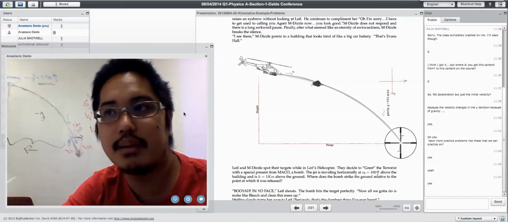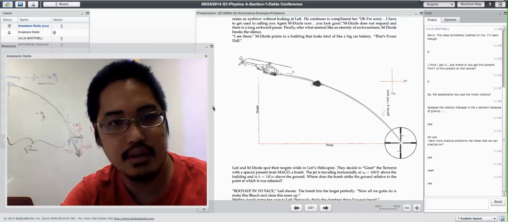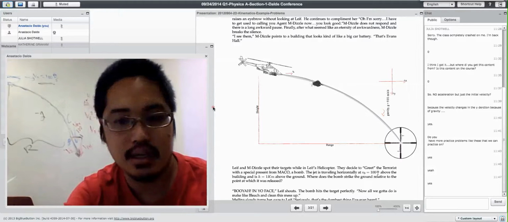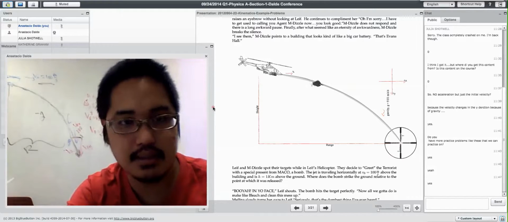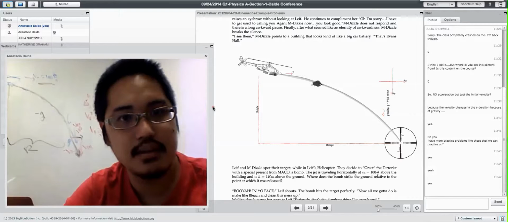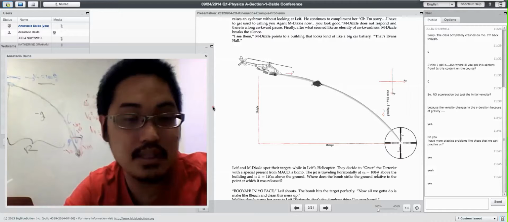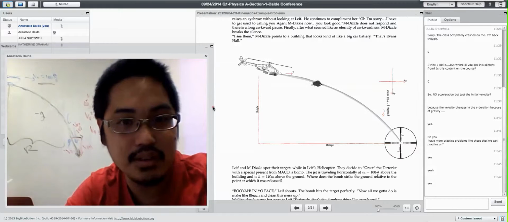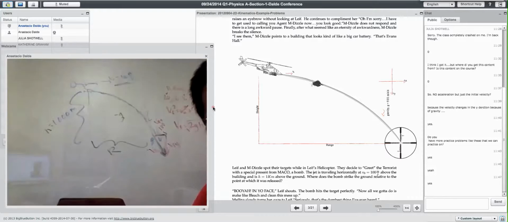Square root of 2 times 9.8 times 1,000. Come on. I typed it into Google. It's 140. Got it. So this is equal to 140.